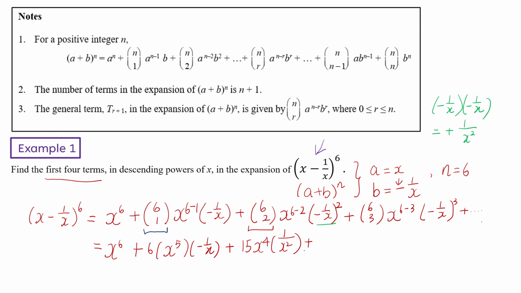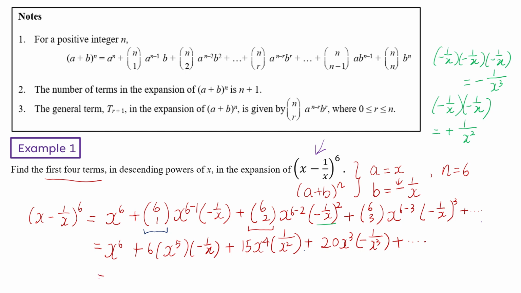So press 6 first, shift nCr 3, you will get 20. x to the power of 6 minus 3 gives you x to the power of 3. And negative 1 over x times another negative 1 over x times another negative 1 over x will give you negative 1 over x cubed. So there's a negative 1 over x cubed here.